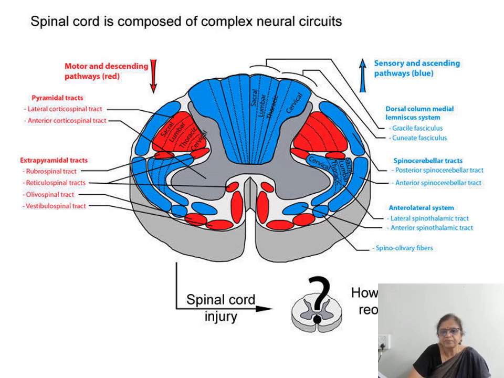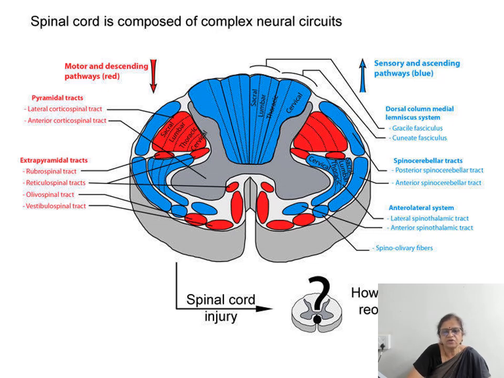And here the right side sensory pathways are shown, the left side motor pathways are shown, but we have both types of motor tracts and both sensory tracts distributed on either side equally. And here you can see the arrangement of fibers also in an order.